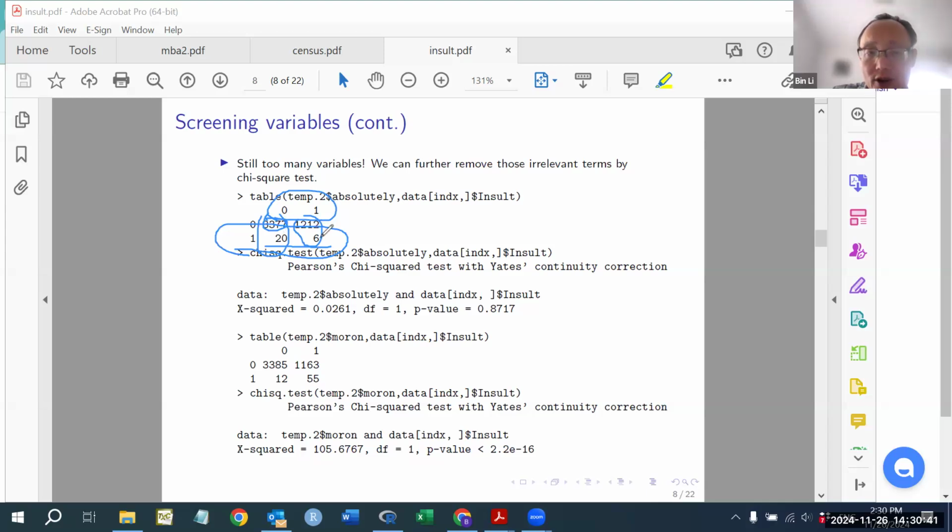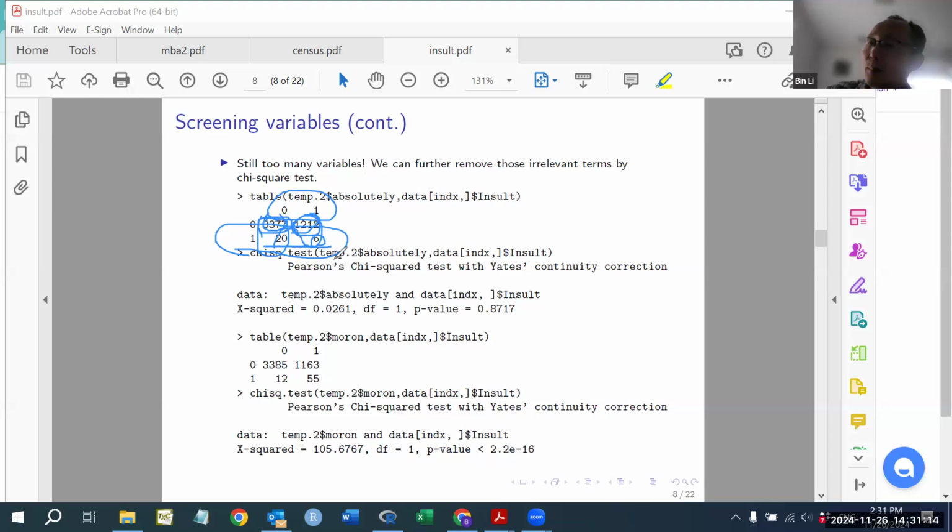But look at the ratio of the number of documents in the insulting and the neutral. The ratio is still about 1:3. The ratio for this one, 1,200, is about 1/3 of the 3,300. And for this, 20 and 6 is about 1 and 3. So you can see the proportion doesn't change much.